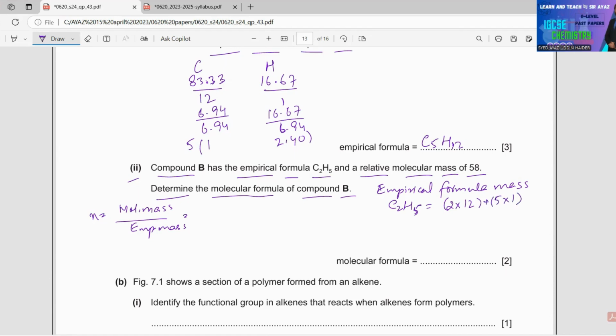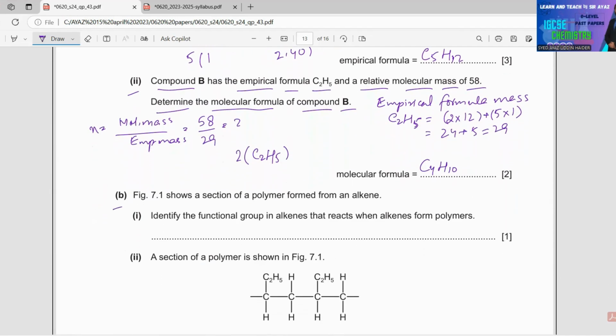And adding up these values, 24 plus 5, you'll get 29. So we need to divide 58 by 29. What you will get? You will get 2 here. So we'll multiply 2 by C2H5. And answer will be C4H10.